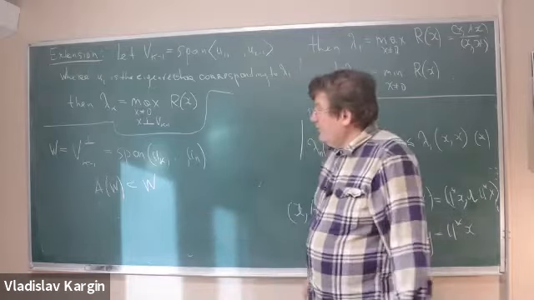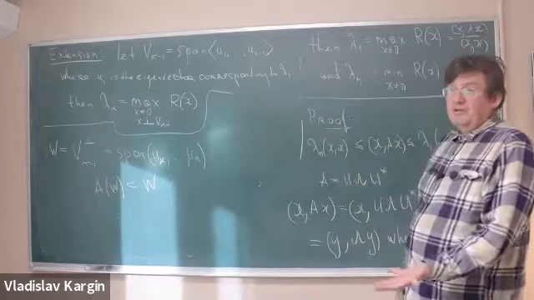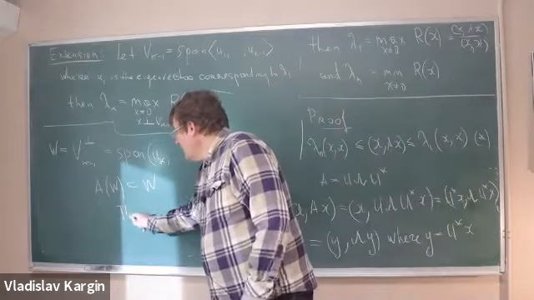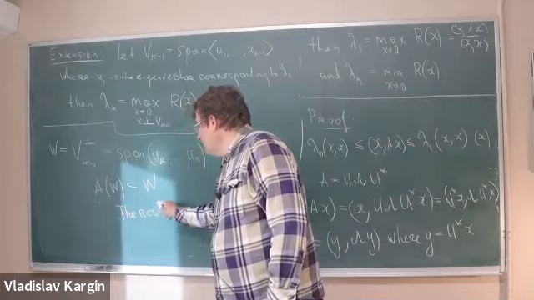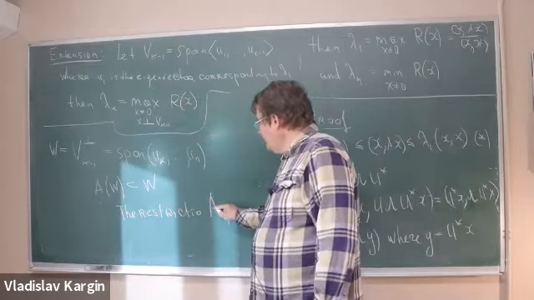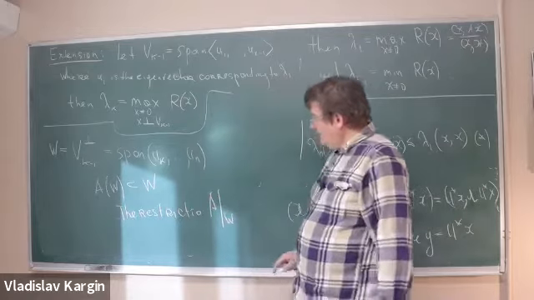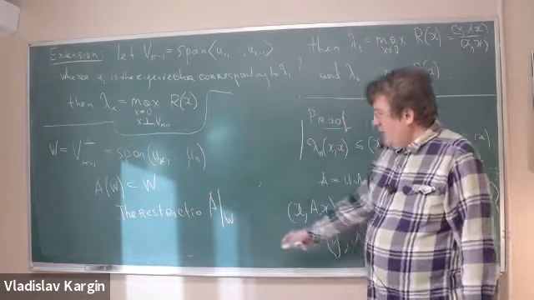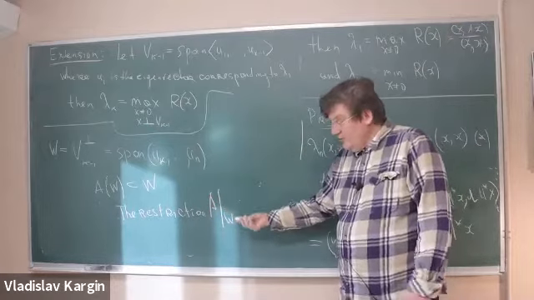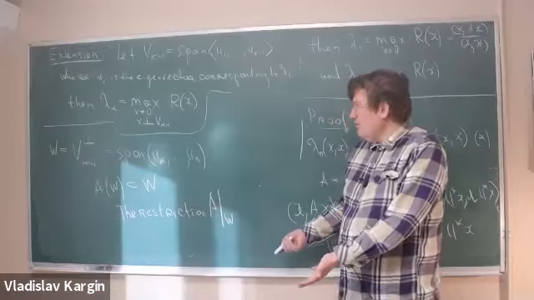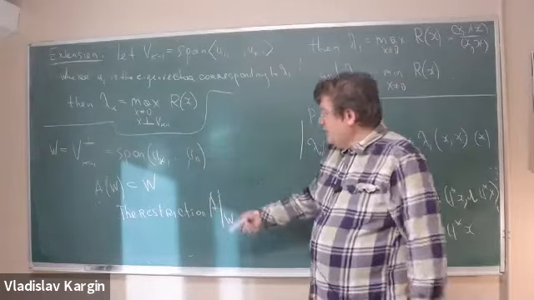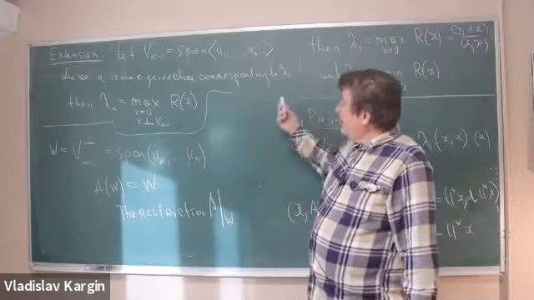So now you can look at the restriction of A to W. You can restrict because if you apply A to W, it is still inside W. The eigenvalues of this restriction will be lambda k, ..., lambda n.